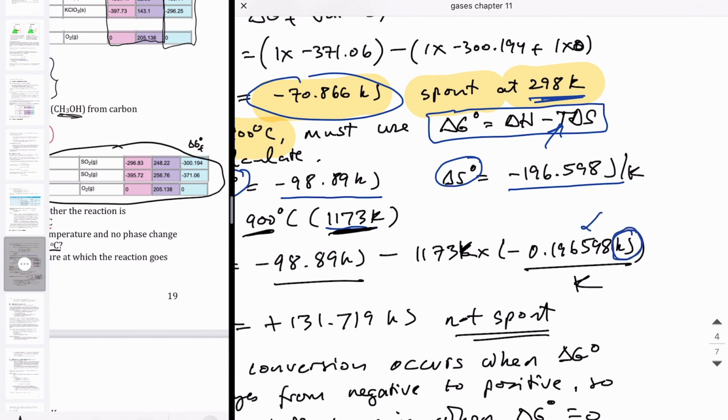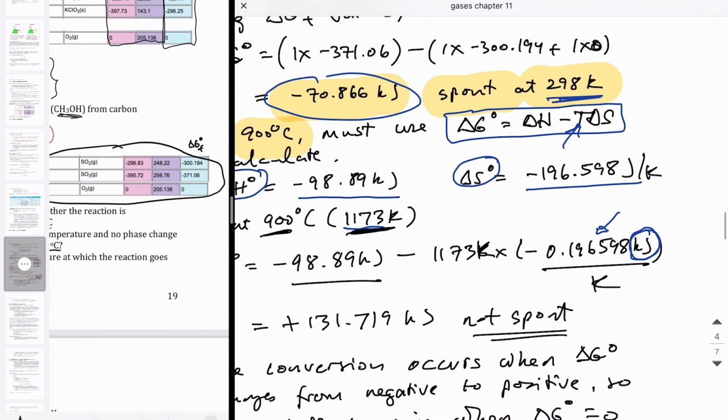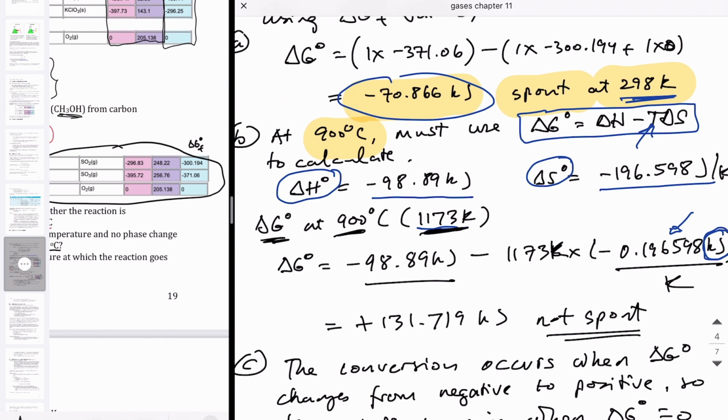So I convert this to kilojoules, which means dividing by 1,000. So now I have negative 0.196598 kilojoules per Kelvin. When I apply it in that formula, I get a value of delta G standard equal to positive 131.719 kilojoules, which tells me the reaction is no longer spontaneous at 900 Celsius or 1173 Kelvin.